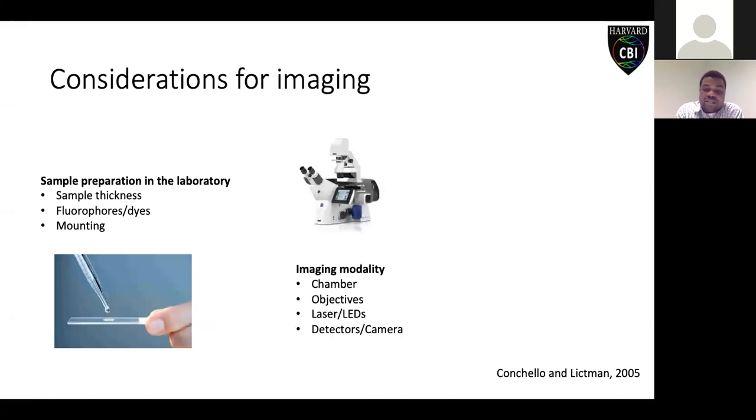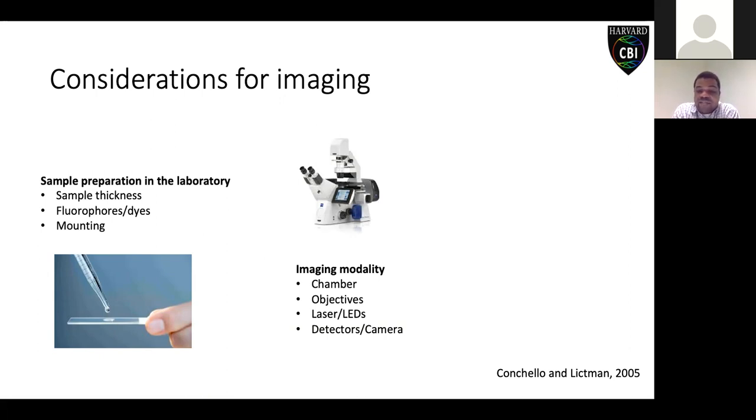Next is the application of the various microscopy techniques. That depends first on the chamber. Is there a chamber on the microscope or not? And if there's a chamber, is it good for live cell imaging, or is it used for other purposes? Second are the objectives.